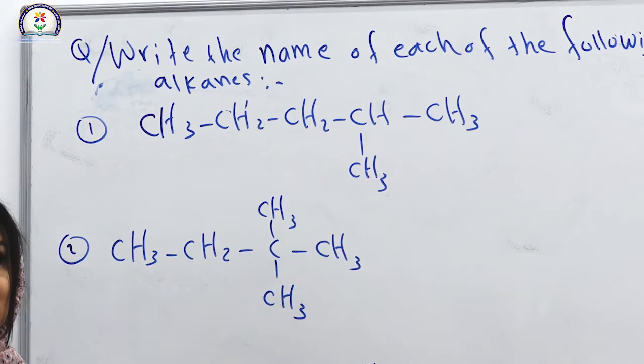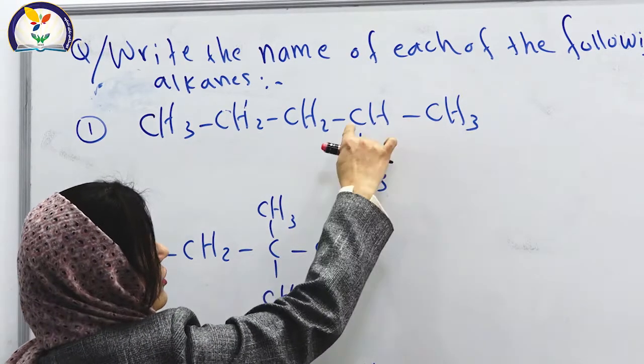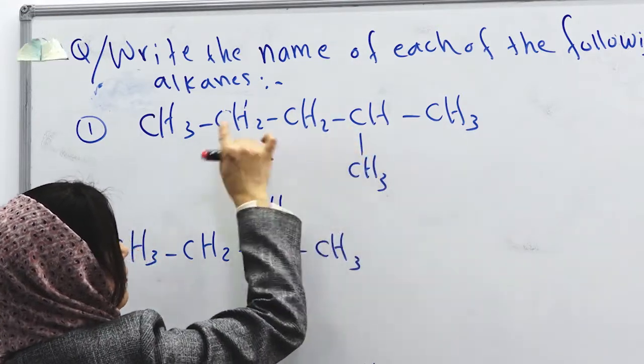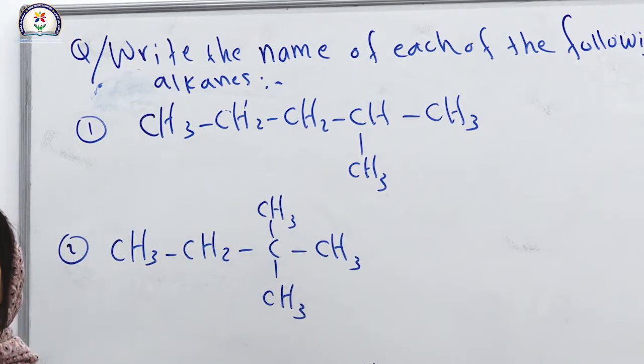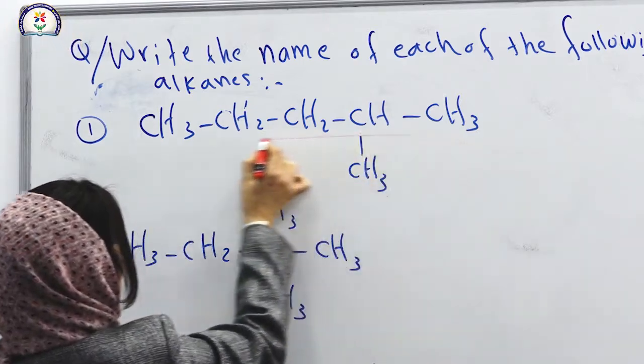The first step to name these branched alkanes is to choose the longest chain. 1, 2, 3, 4, 5. We have to choose the longest continuous chain that has the highest number of carbon atoms.